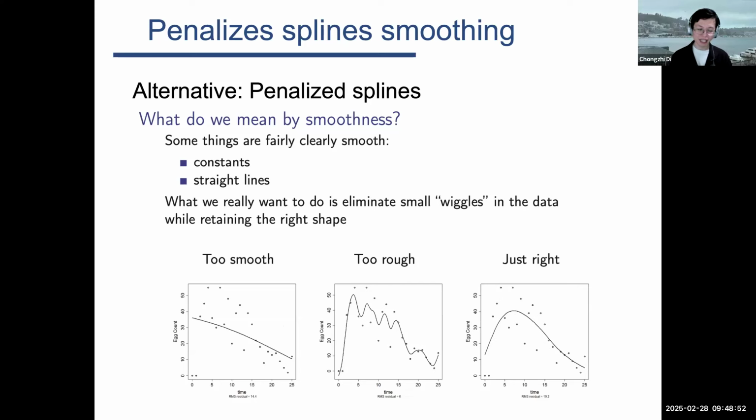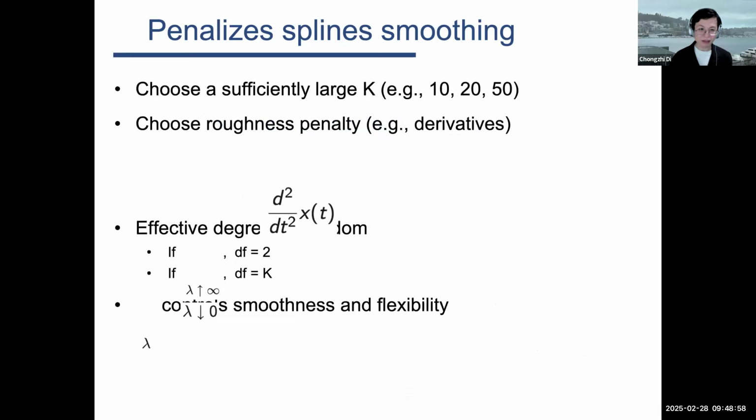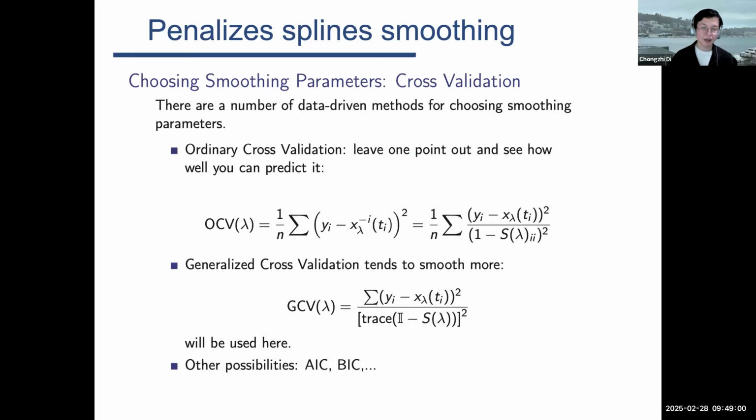And that parameter will also, roughly speaking, tell you the number of degrees of freedom. In terms of choosing smoothing parameters, there are existing methods developed by statisticians. Generally we use cross-validation types of approaches to get a balance between model fitting and smoothness.